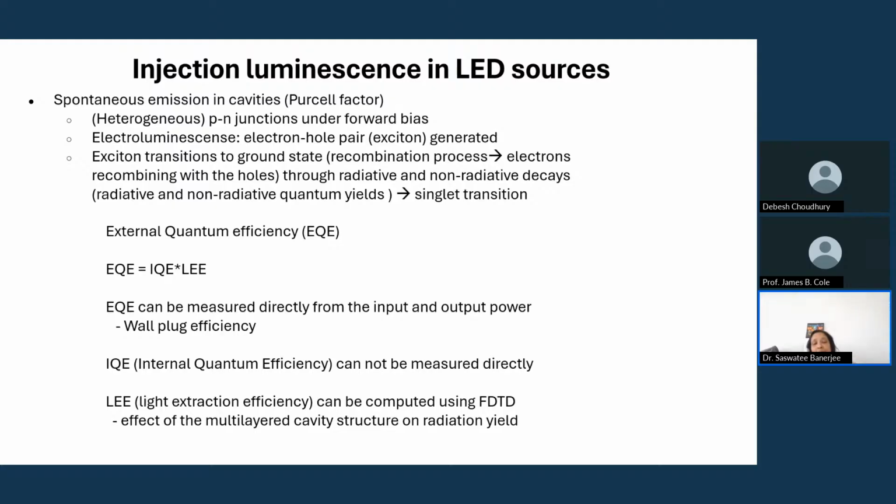And from there, you can back-calculate the IQE. That's how it works, basically. So that's why you can use classical electromagnetism to solve this problem. Otherwise, there is a quantum description. We should not forget that.